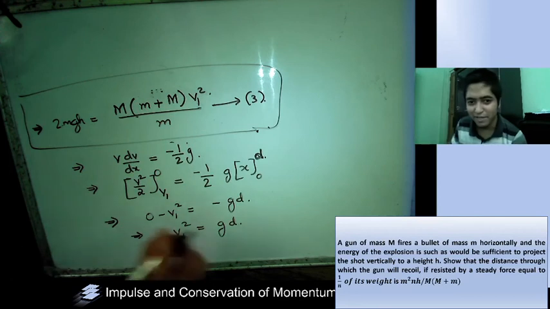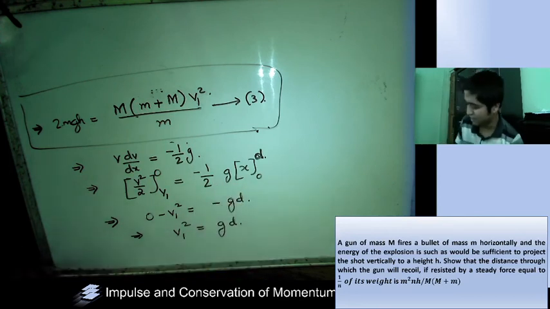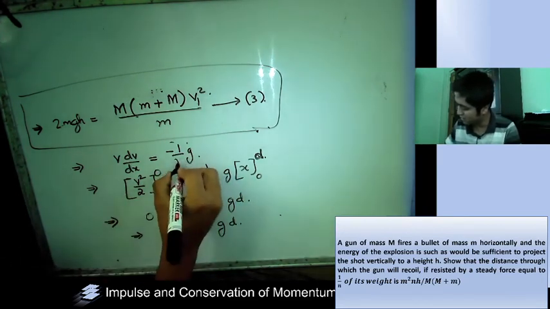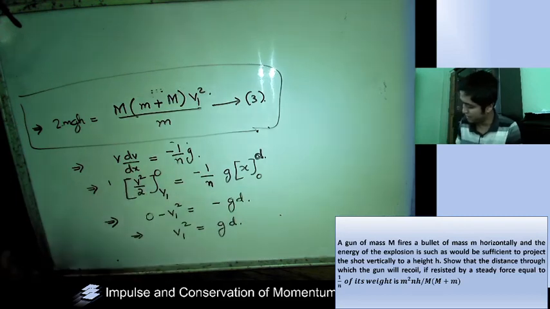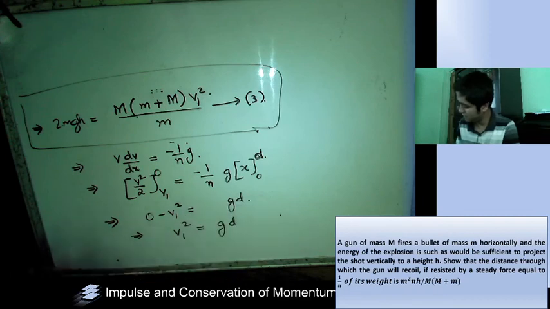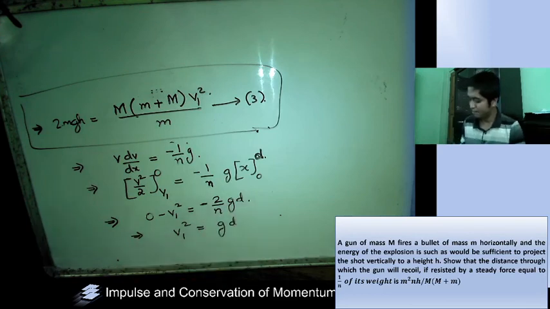I hope I did not make any mistake. Sorry, this is 1 by n. Okay, I made a mistake. This is 1 by n, it's not 1 by 2. So over here we'll be getting minus 2gd by n.